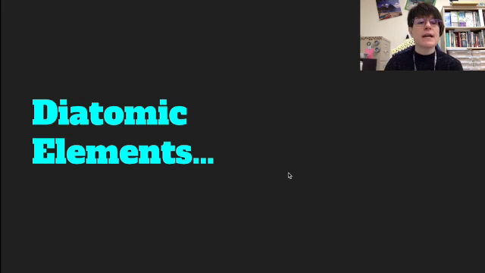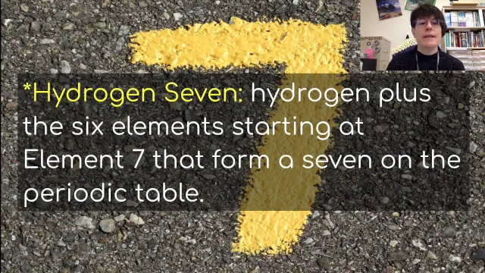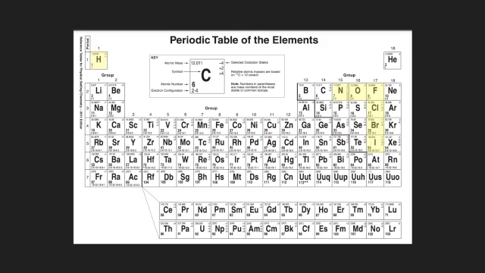There are some diatomic elements, and there are actually very few elements that form diatomic molecules. They are called the hydrogen 7. This is an easy way to remember them. It's hydrogen plus the 6 elements starting at element 7 that form a 7 on the periodic table. Hydrogen is a diatomic element, and then we start at nitrogen, which has an atomic number of 7, and we draw the number 7 here.